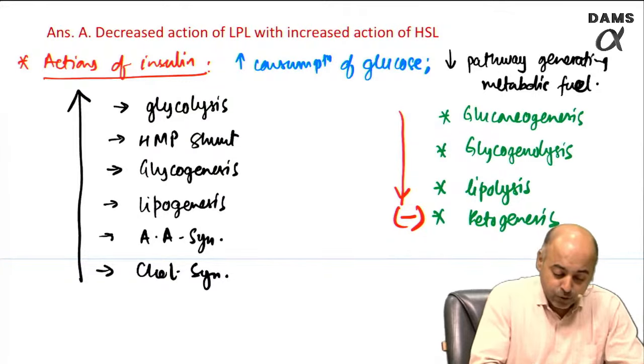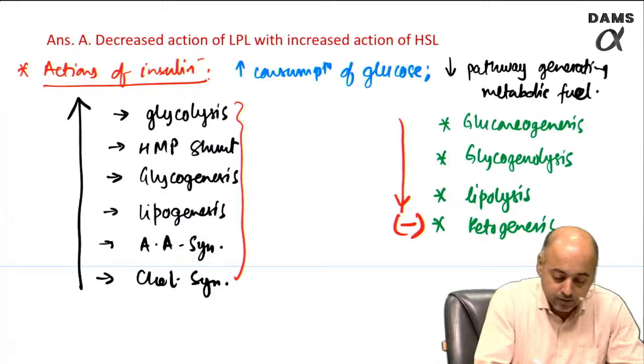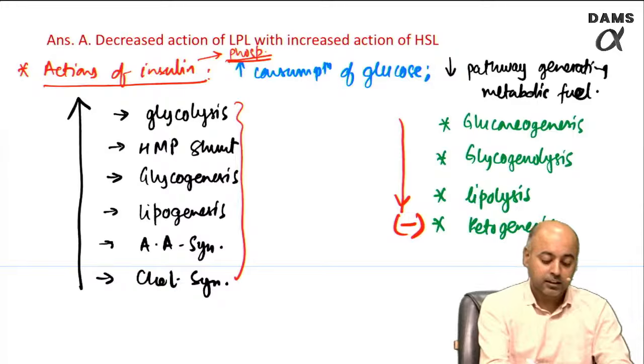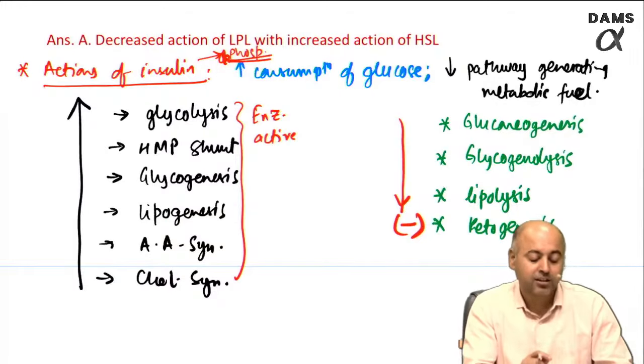And the last point to keep in mind is that insulin commonly causes phosphorylation. Not always, but most of the time. This means the enzymes of these pathways, insulin causes dephosphorylation, I'm so sorry.